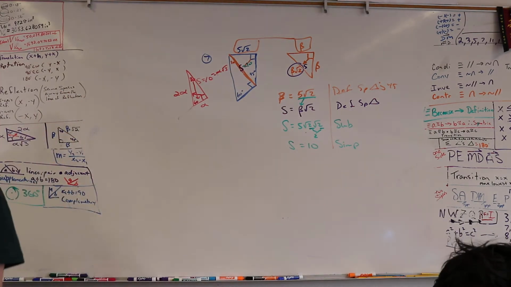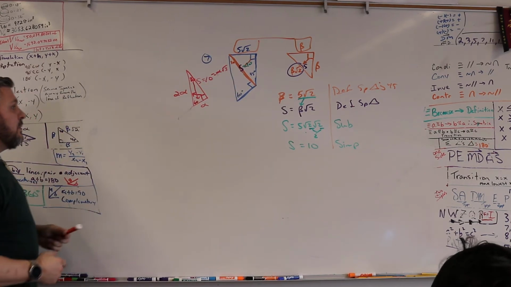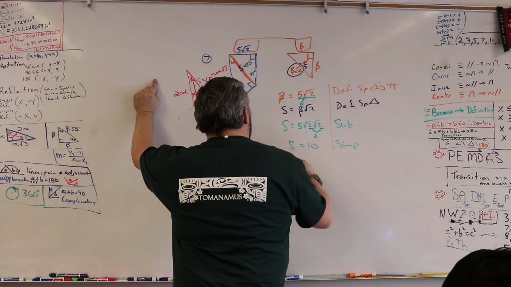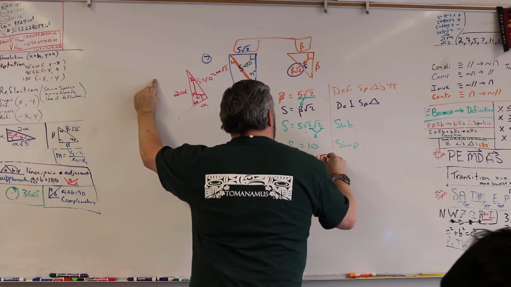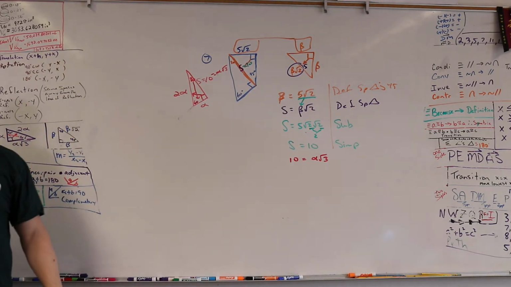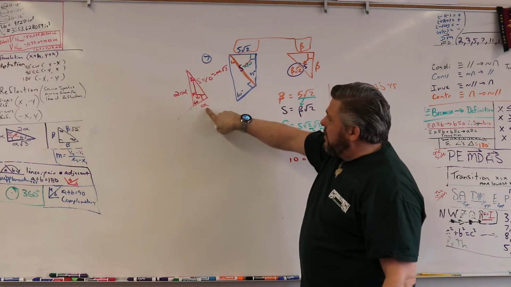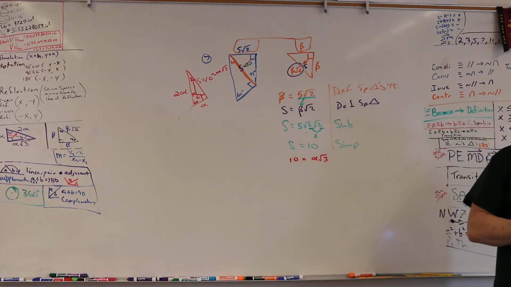So now we can say that 10 is equal to alpha square root 3. It's basically a mix of both triangles, so they're messing with your head on this one.